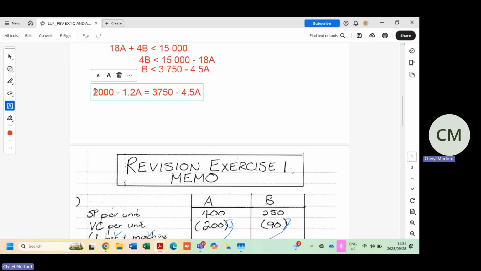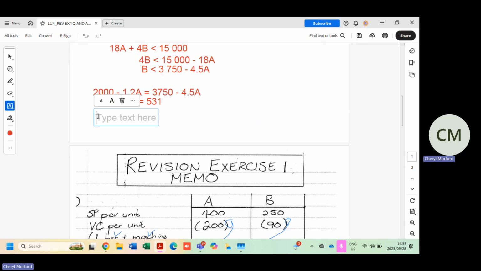Then, just to save time, I'm going to rearrange and simplify, and I'm going to find for A, and we're going to come up with A is equal to 531. Now, next step, just repetition. I'm going to solve again to find the number of B's.